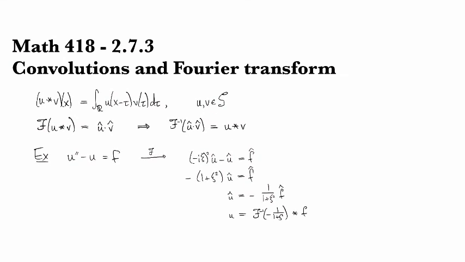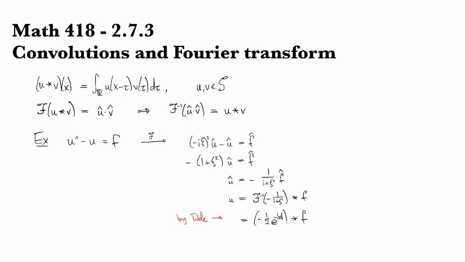And so at this point, you appeal to some lookup table. And you find that the Fourier transform of minus 1/2 e to the negative absolute value of x is minus 1 over 1 plus xi squared.